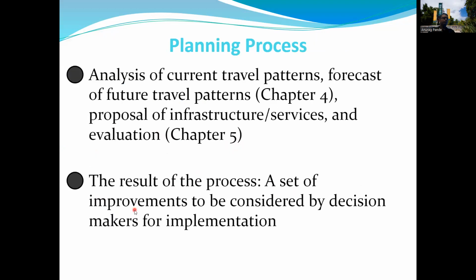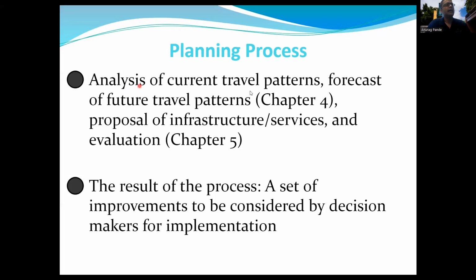So what does the transportation planning process actually entail? It entails analysis of current travel patterns, and then using those current travel patterns, forecasting the future patterns. That's your chapter 4.